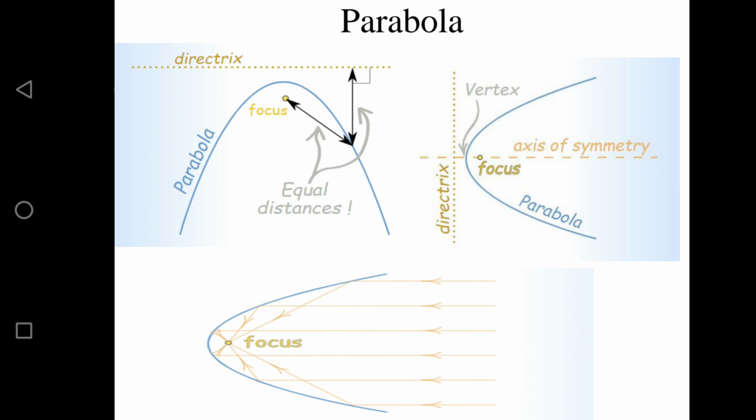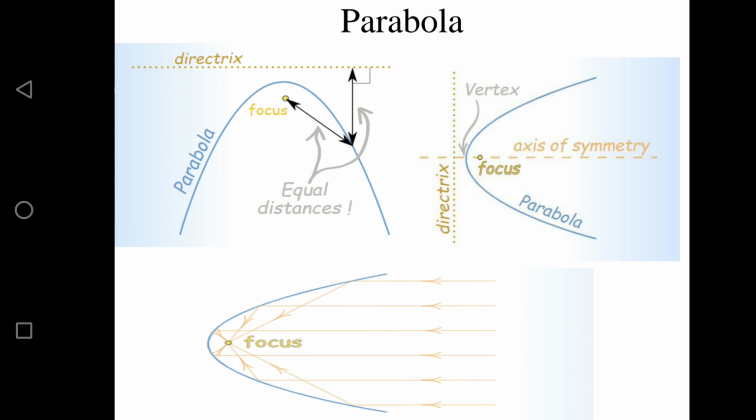The distance from that point to the focus is equal to the perpendicular distance from that point to the directrix. Whatever point you select on a parabola, that holds. That is the definition of a parabola.